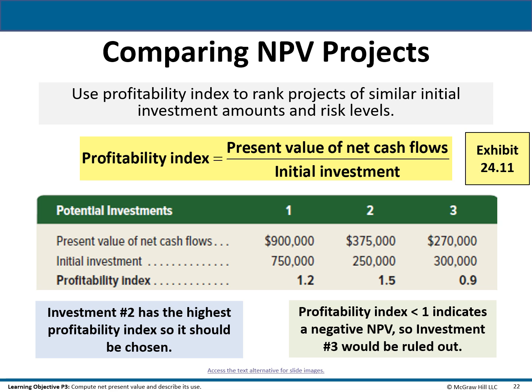If we were forced to choose between the two, we select the project with the higher profitability index. Thus, investment 2 is ranked ahead of investment 1 here. Investment 2 returns 1.5 net present value per dollar invested, whereas investment 1 only returns 1.2. So the rule here is invest in the project with the highest profitability index, and it must exceed 1.